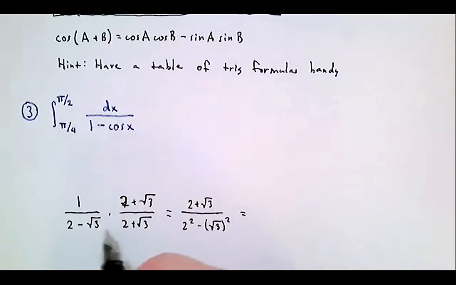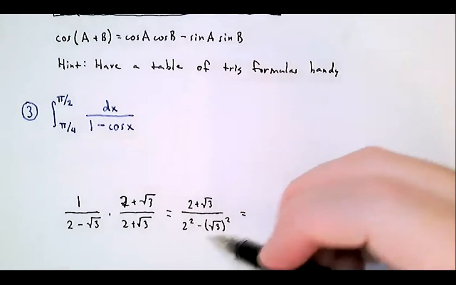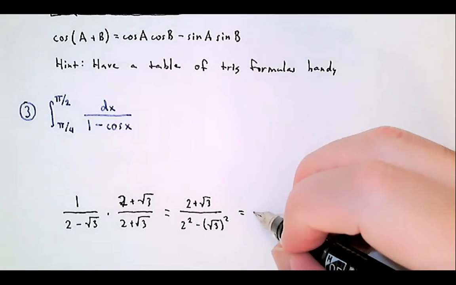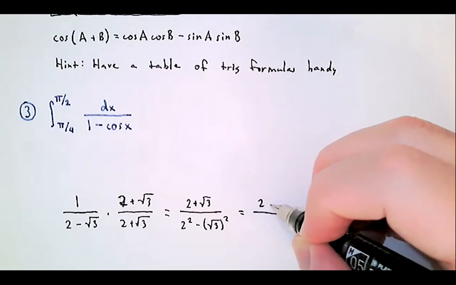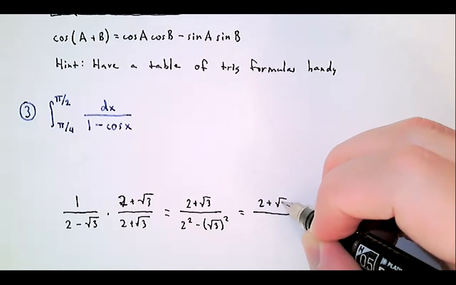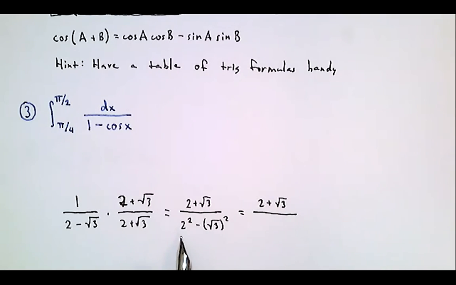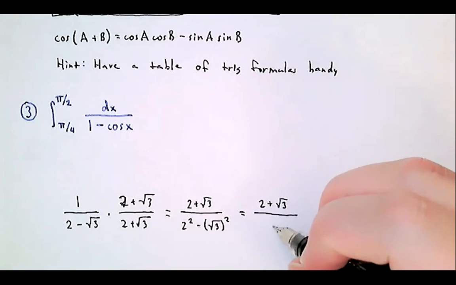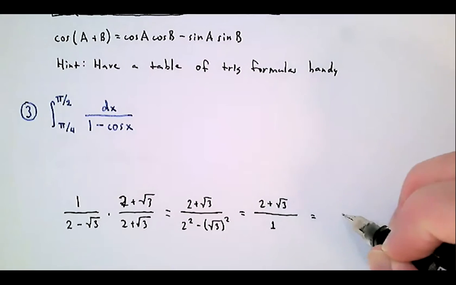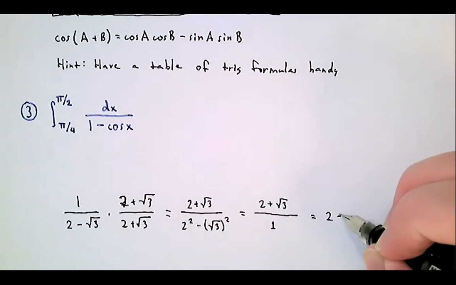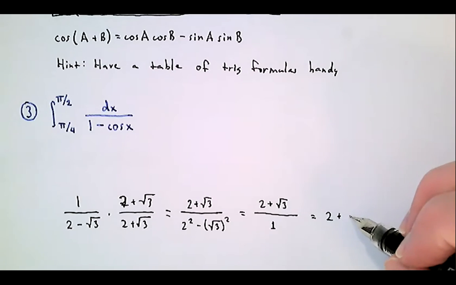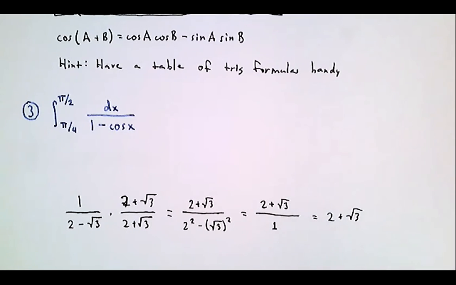And you could FOIL this out if you wanted to double check that this is indeed what it works out to. So it's actually 4 minus 3, or 1. So this simplifies significantly to 2 plus the square root of 3.